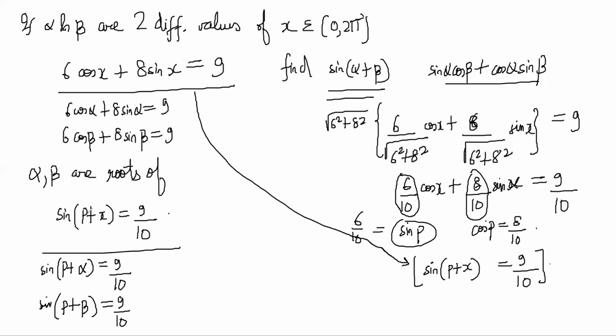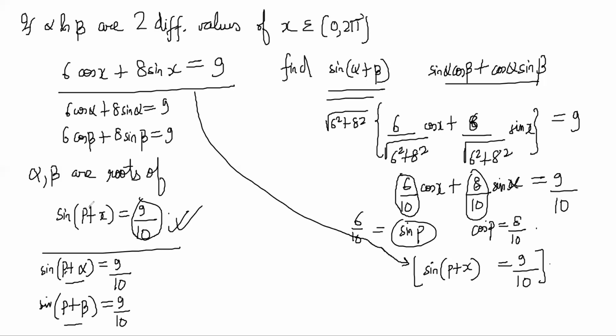Now think about it. The same value 9 by 10, two angles equal to that: p plus alpha and p plus beta. And it is positive. Sine is positive in its first and second quadrant.